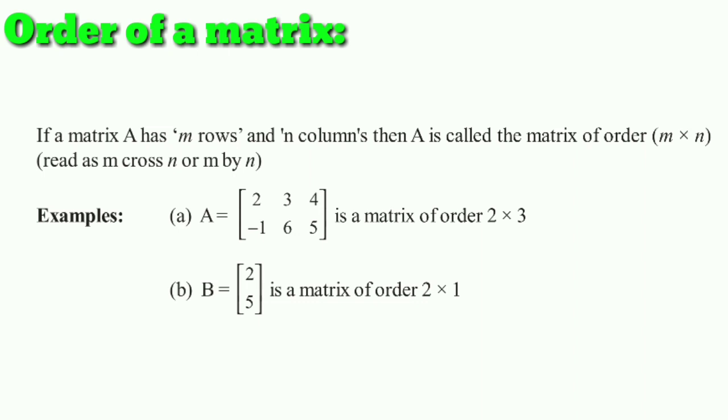The 2 rows are 2, 3, 4 as the first row, and -1, 6, 5 as the second row. The 3 columns are 2, -1; 3, 6; 4, 5. Second example, B is equal to [2; 5], a matrix of order 2 cross 1.